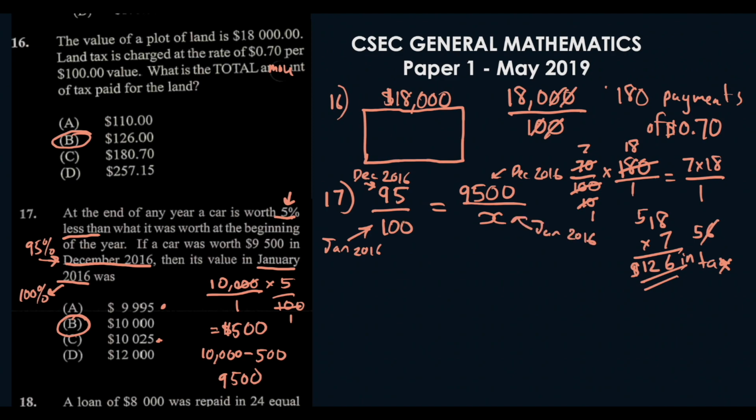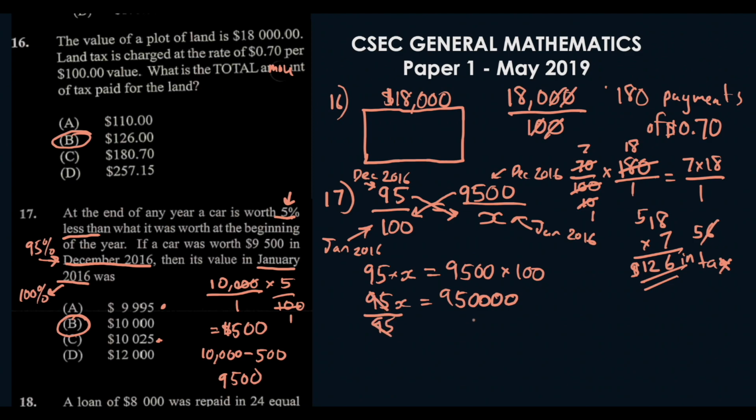So what we do now is cross multiply. So 95 times X would be equal to 9,500 times 100. That's going to give me 95X is equal to 950,000. Now I need to divide both sides by 95.